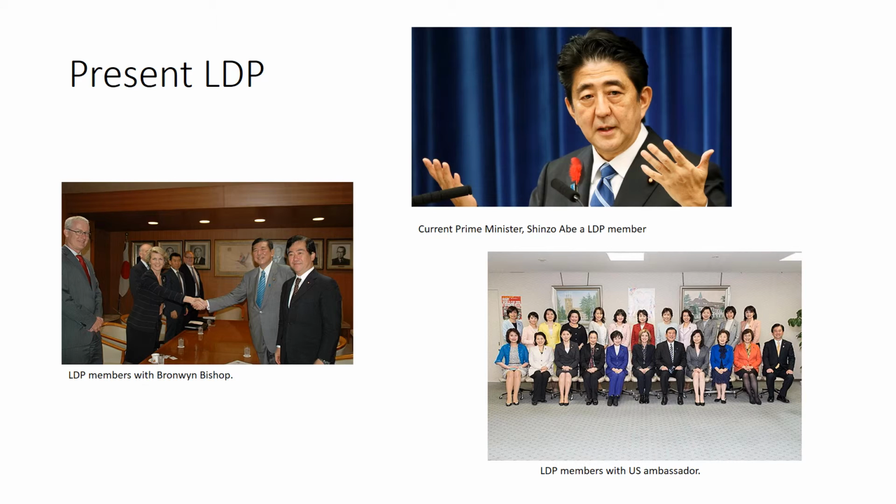Now, just in the present era, the LDP have done a lot of political work, just like every other government all over. Recently, in November last year, they went to the summits: the G20 summit, the APEC summit, and the ASEAN summit.